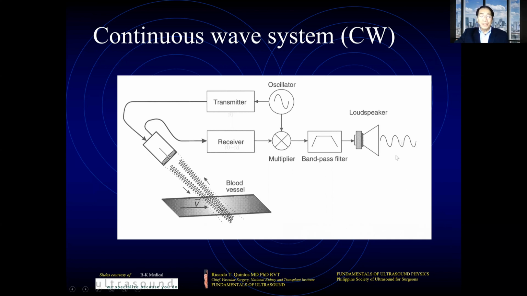If it is not through a speaker, it is brought out through a display monitor where sound is converted into light energy.